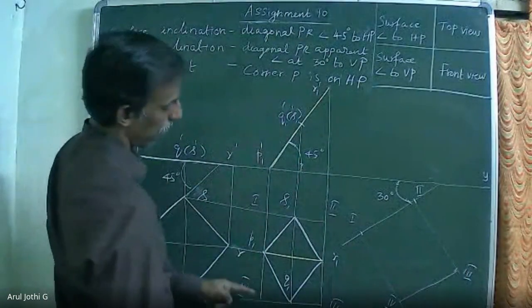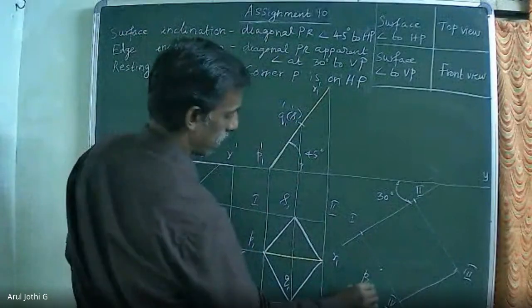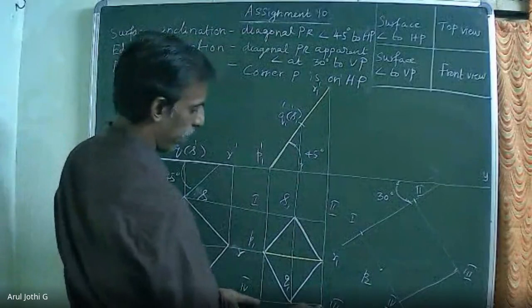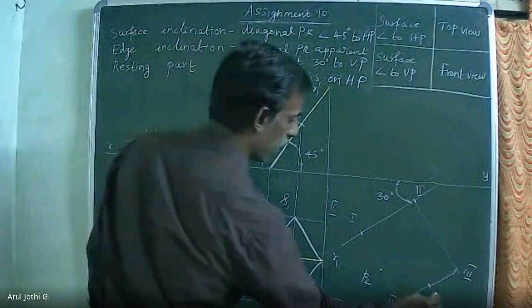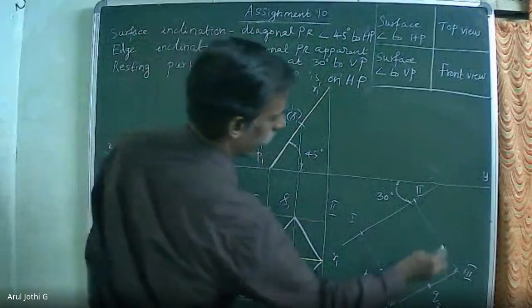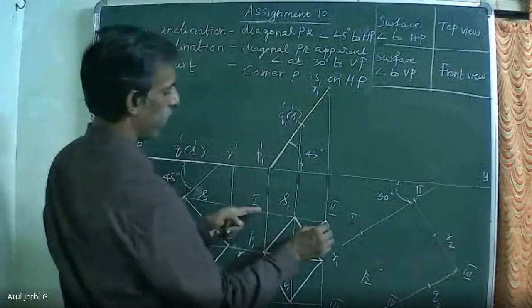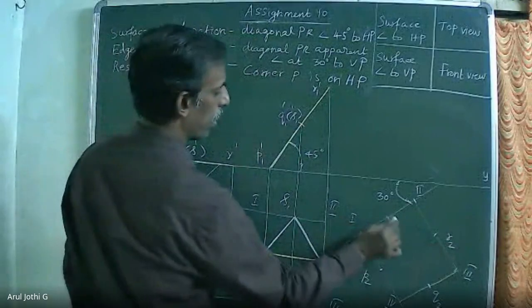P is available on 1 and 4. Transfer that measurement. Q is available between 4 and 3, R between 3 and 2, S between 2 and 1.